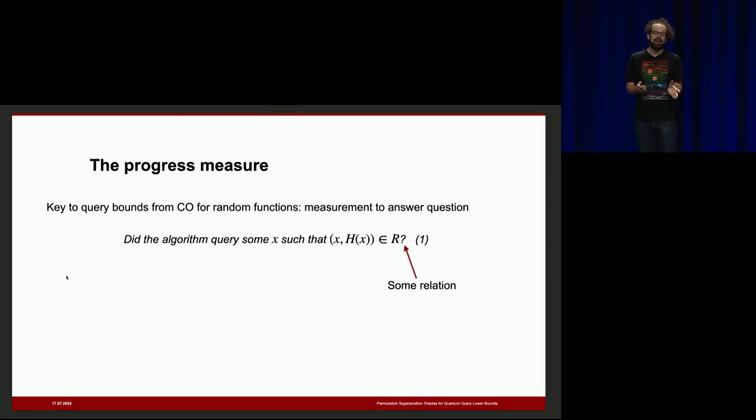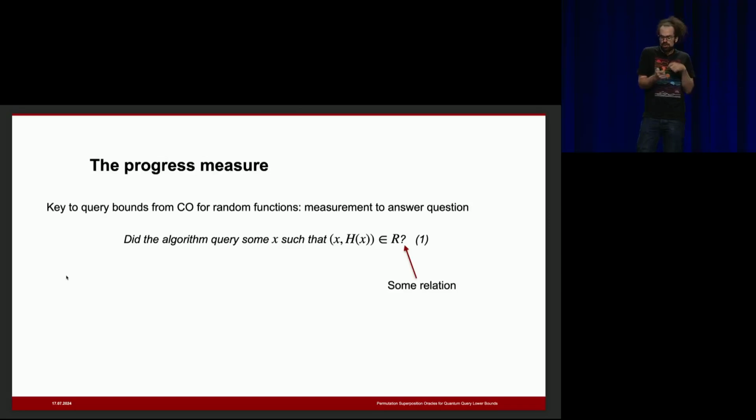So now what about the progress measure-based query bound technique? Let's go back to the function case and take a closer look at what it actually does. The key to the query bounds from compressed oracles for functions is the fact that we have a projector or a measurement that answers the question, did the algorithm ever query some x that fulfills the relation together with its output?